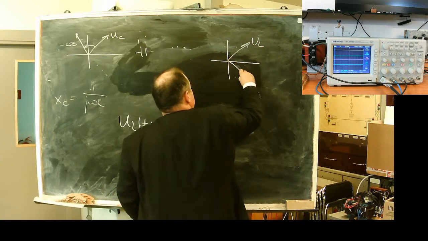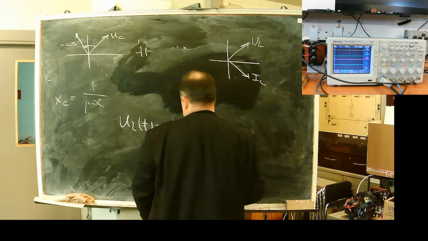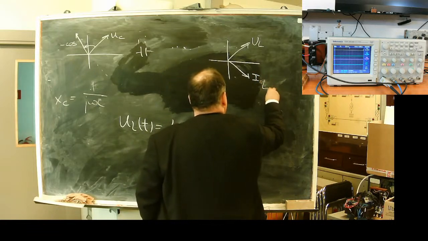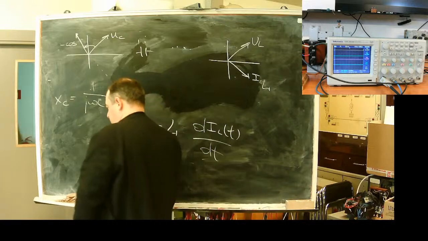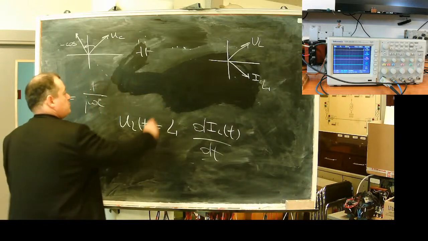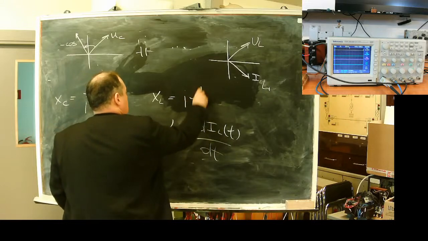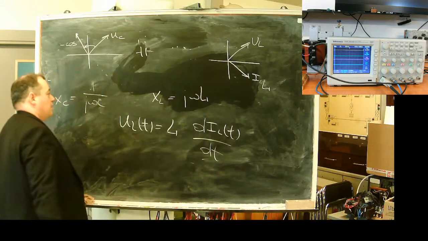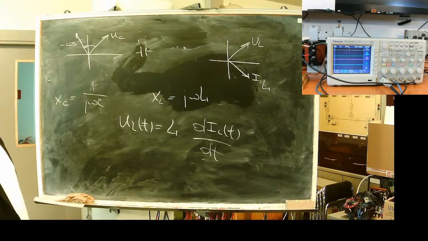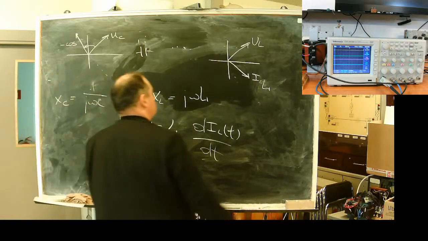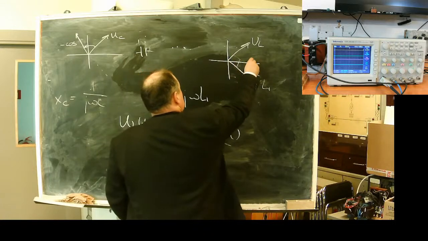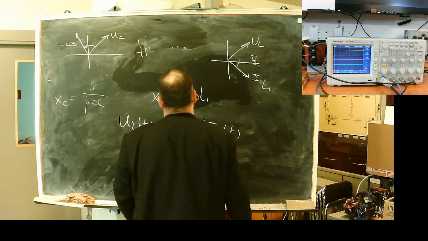For coils we would see something like this: UL, EA. So the introduction of XA being jωL gives a very good picture. We just need to delay by π/2.